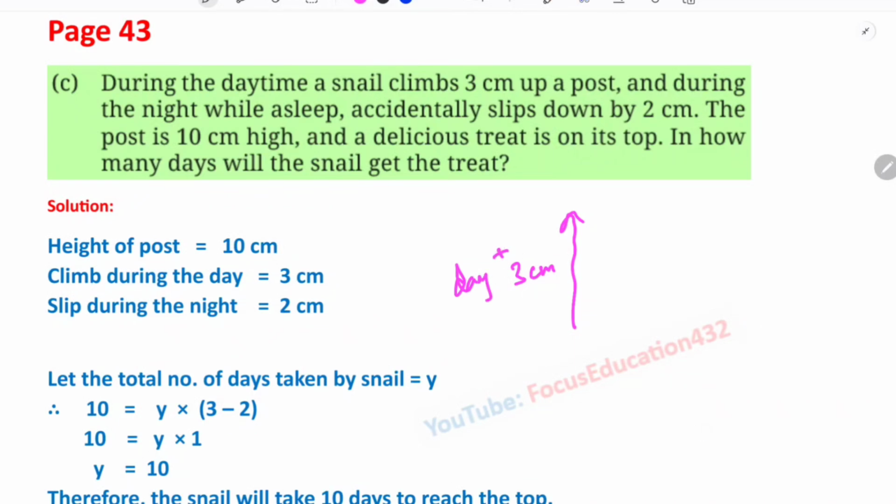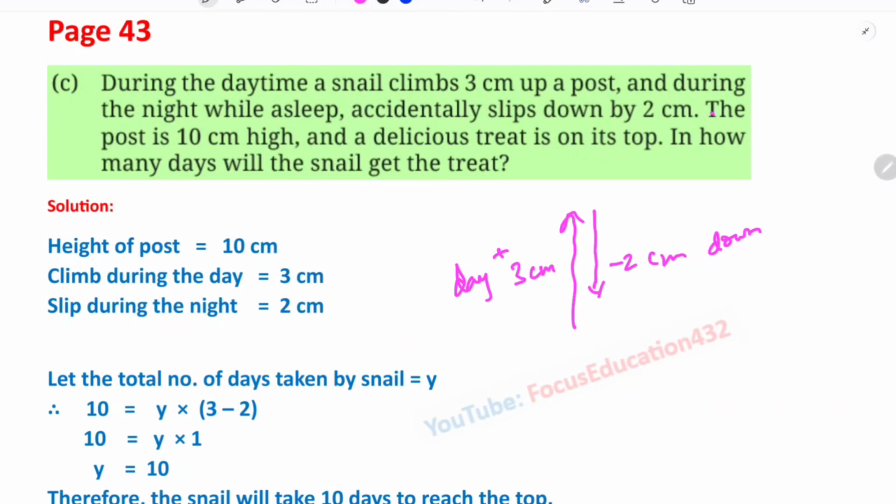Plus 3 centimeter up. And during the night, while asleep, accidentally slips down 2 centimeter. So minus 2 centimeter, it is down. Right. This is during night. And a delicious treat is on its top.